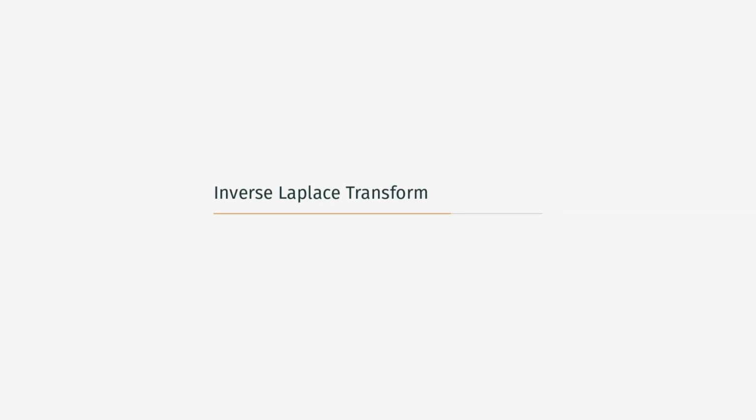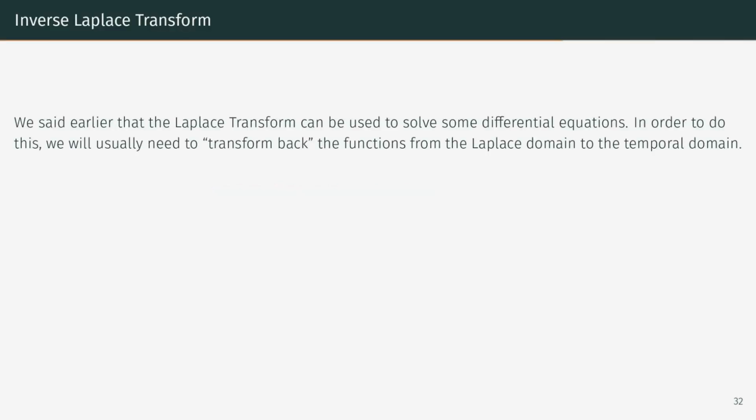This leads us to the inverse Laplace transform. We said earlier that the Laplace transform can be used to solve some differential equations. In order to do this, we will usually need to transform back the functions from the Laplace domain to the temporal domain.